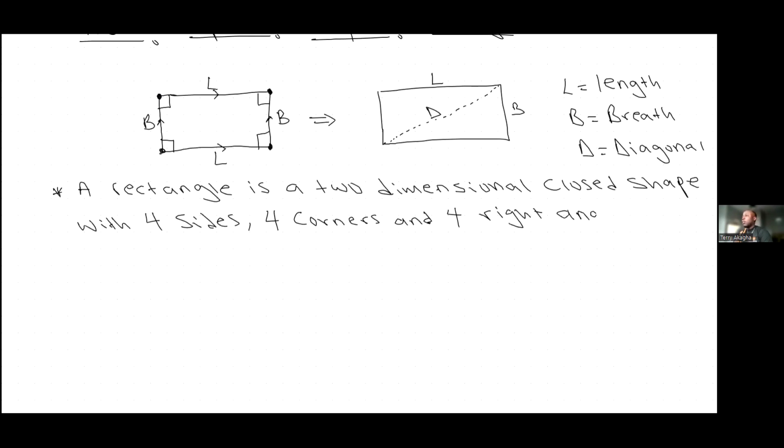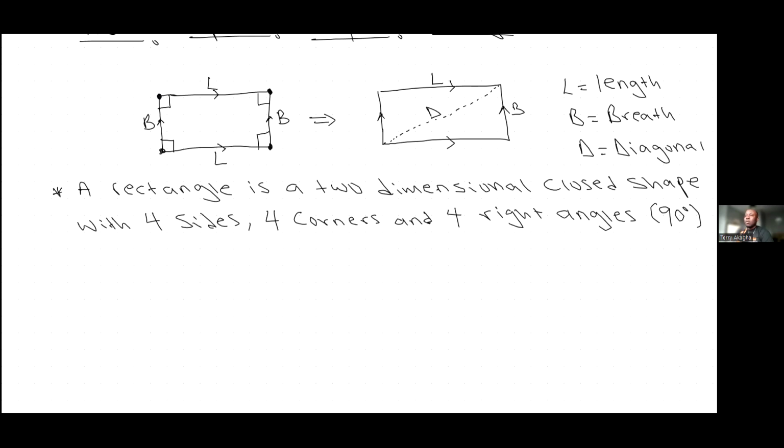And these right angles, this means they are 90 degrees. Now, not only does it have four sides, four corners, and four right angles, the opposite sides of the rectangle are always equal and parallel. So that means, like I said, this side is going to be parallel to this side, equal and parallel, and this side is also parallel to that side.